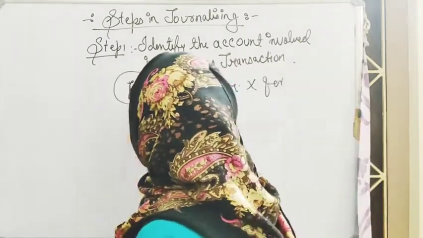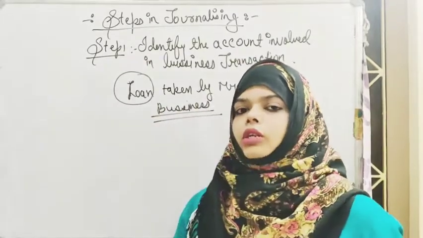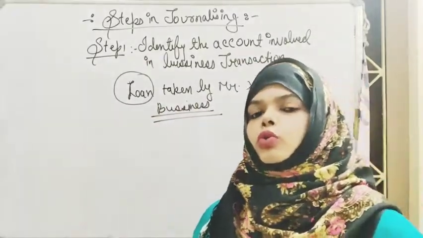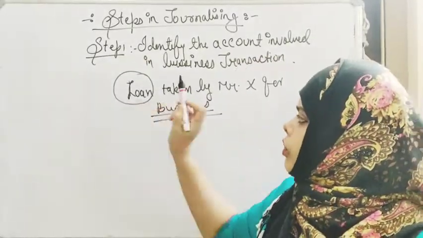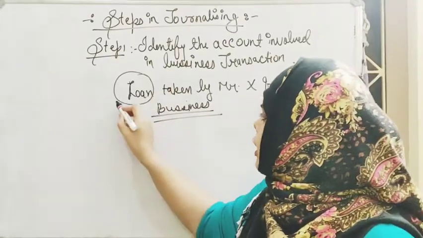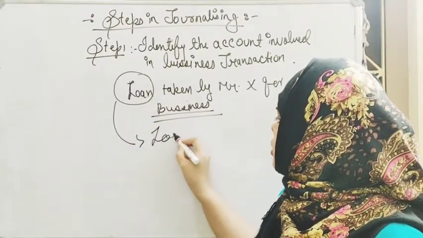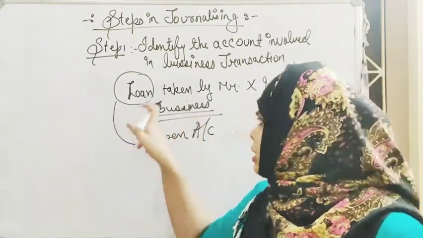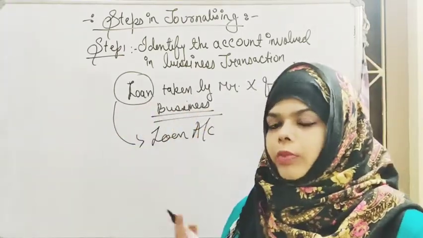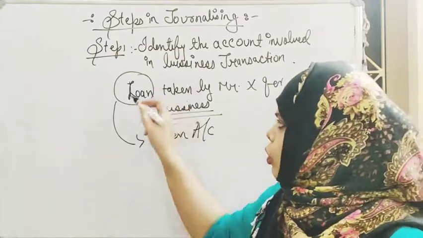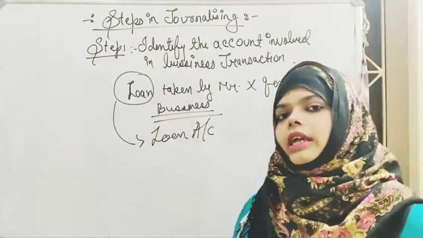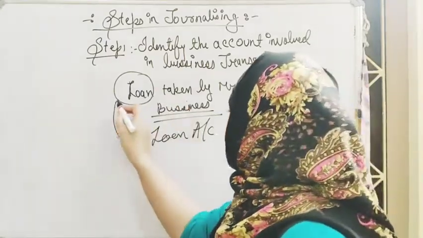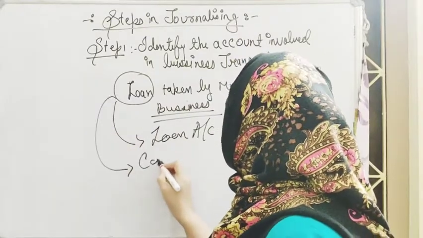Loan is the amount of money which we owe to an outside party. So, the first account involved is the loan account. And the second: if we took a loan, there is no mention of cash, but usually when a loan is mentioned, it is considered as cash only. So, the second account involved is the cash account.